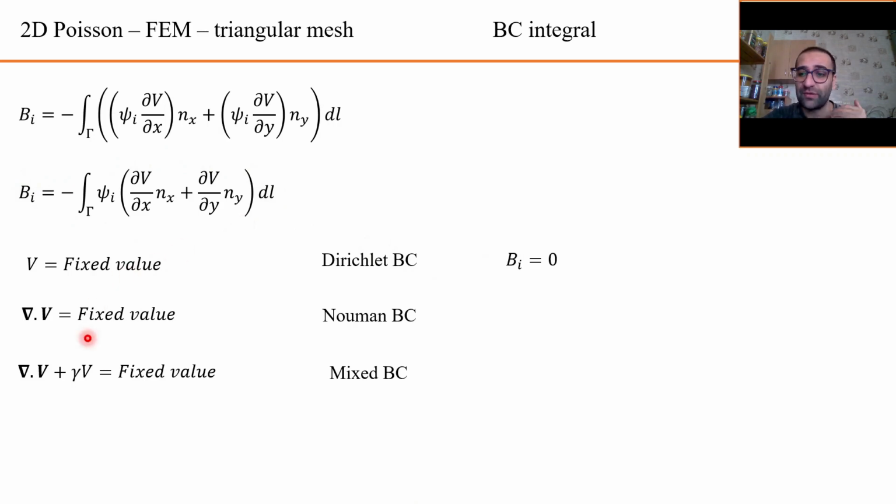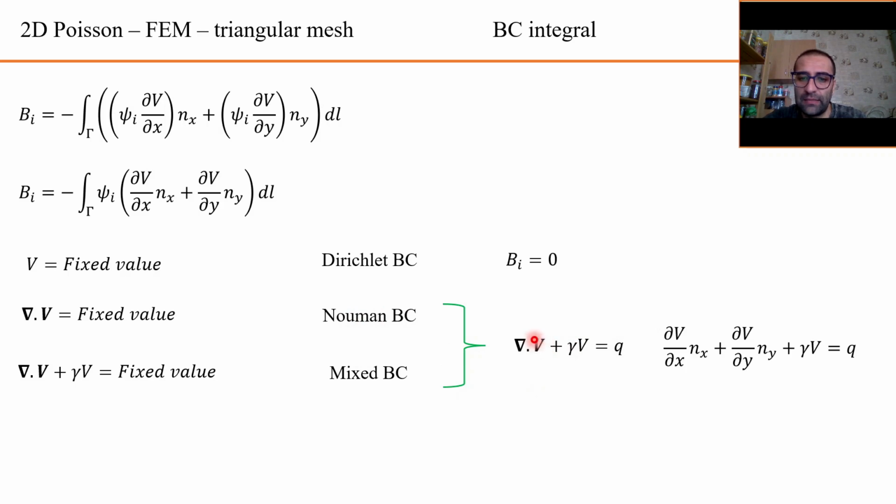But in the case of the mixed and Neumann boundary conditions, let's assume that the right-hand side of the boundary condition is some known value q. When gamma is 0 we have Neumann, and when gamma is non-zero we have mixed. In two dimensions, we can write this divergence like this.